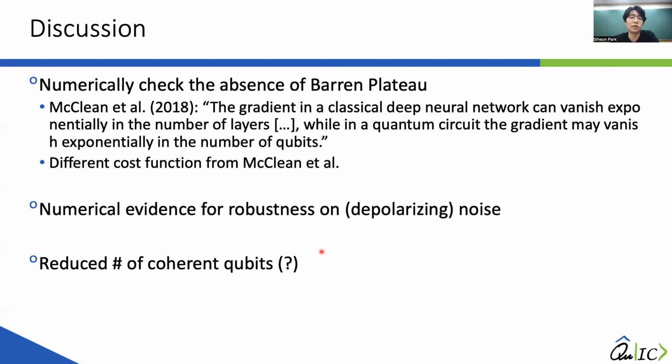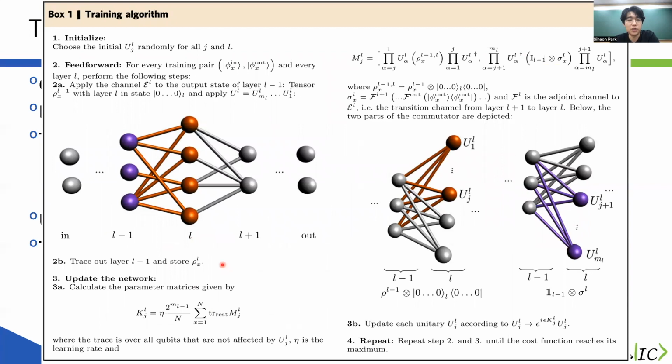Also, they claim that in this structure they have reduced the number of coherence qubits, but I don't really agree with this statement. In this algorithm, if we want to apply this update rule in this network, and you're only considering the quantum parts, not the classical simulation, we need to store the output states of this layer for a very long time, right?